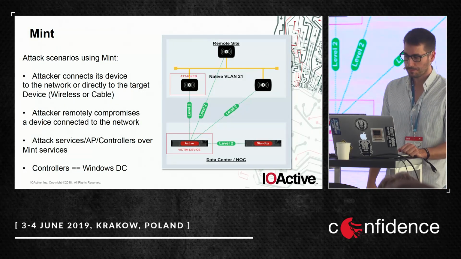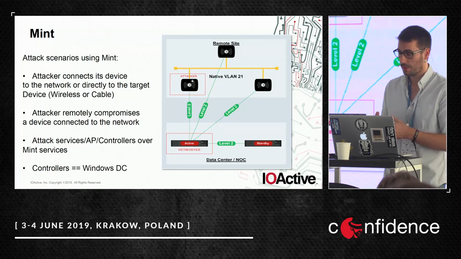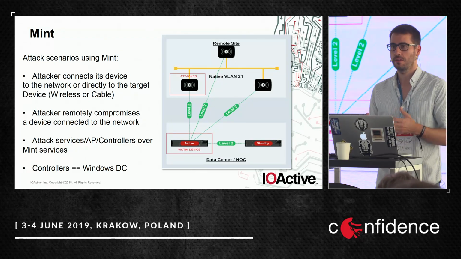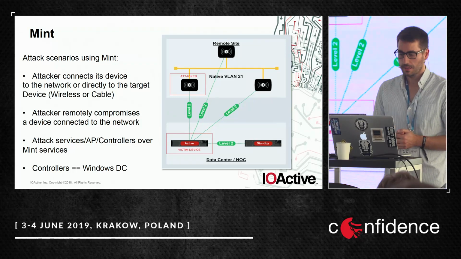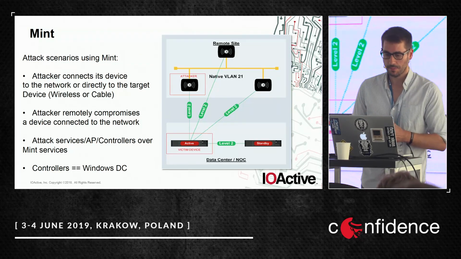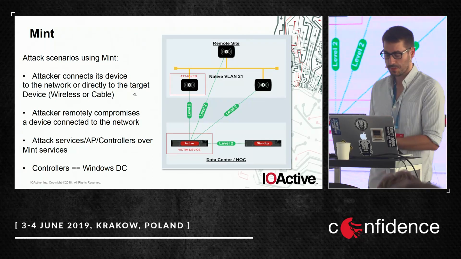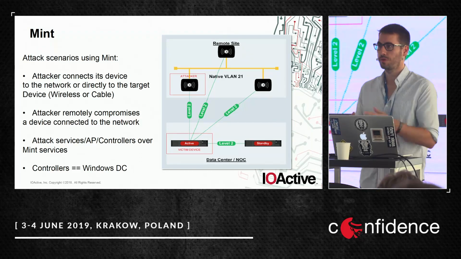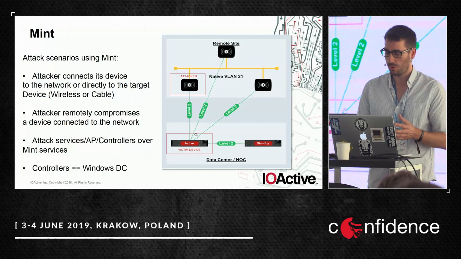So yeah, in my case, I'm going to use my own device to attack other devices. But as I said, this is not mandatory. You can build your own client on your Linux box, for instance, if you want. So the attack scenarios using Mint: since I am using my own device, let's say I connect my device through the Ethernet network or through wireless to another network where I have other access points or controllers.